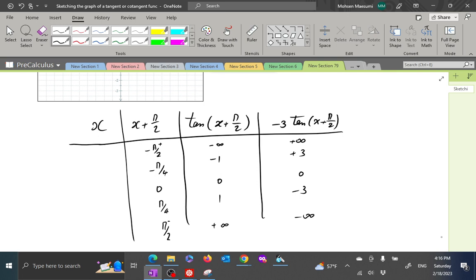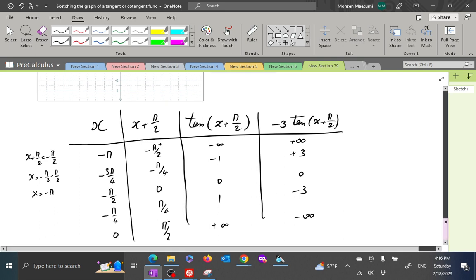This is going to be shift left, right? Adding means shift left. Like if you have x plus pi over 2 equal to minus pi over 2, x becomes minus pi over 2 minus another pi over 2. Final x is minus pi. Shift left, minus 3 pi over 4, shift left, minus pi over 2, shift left, minus pi over 4, shift left is 0.